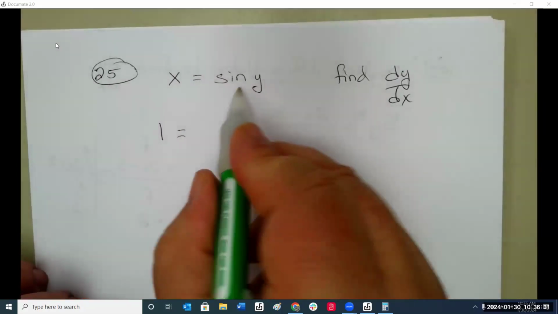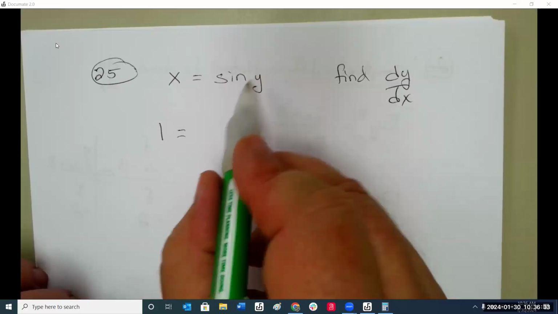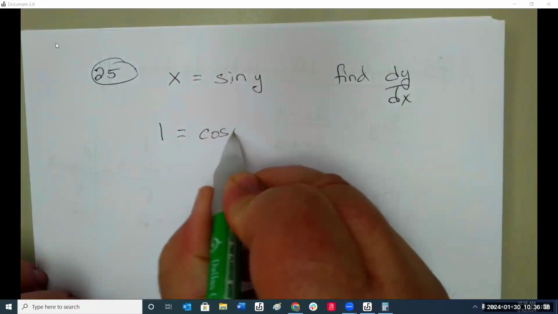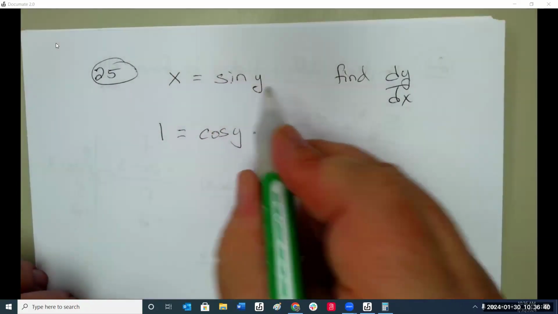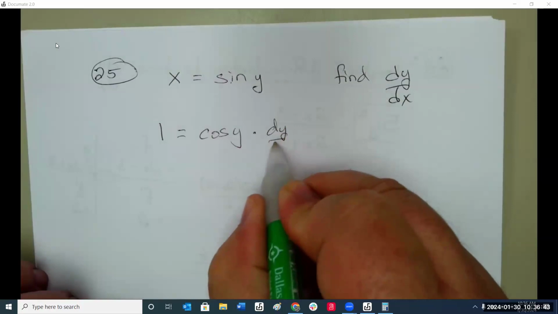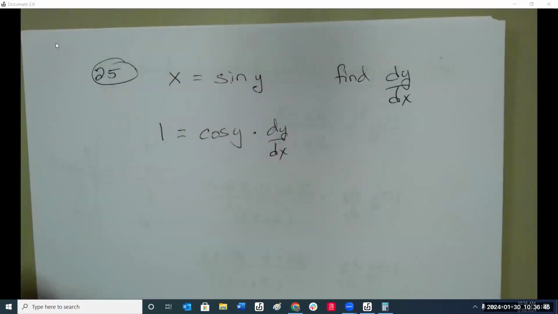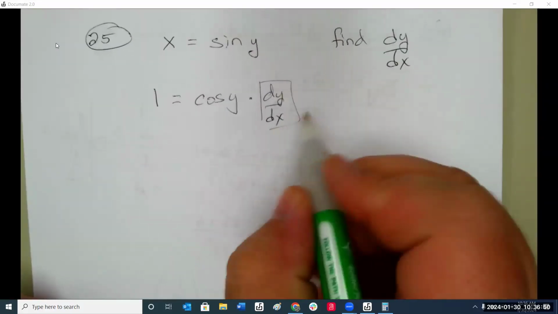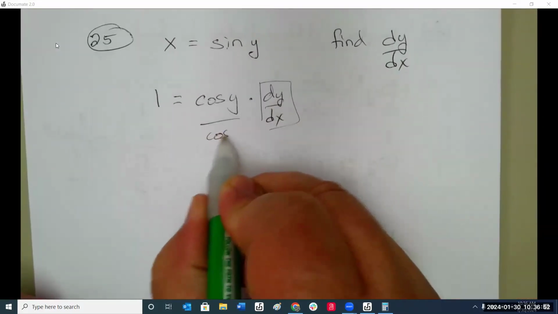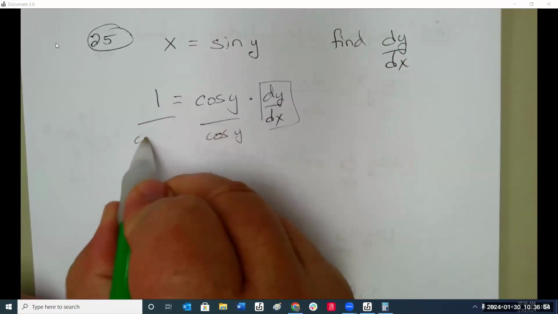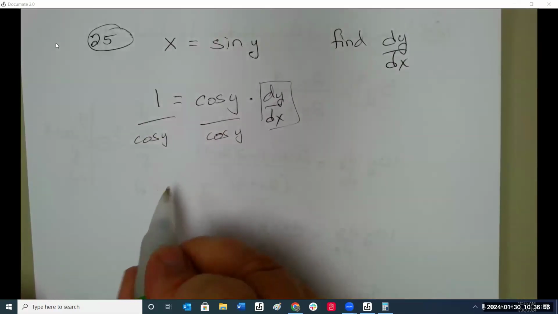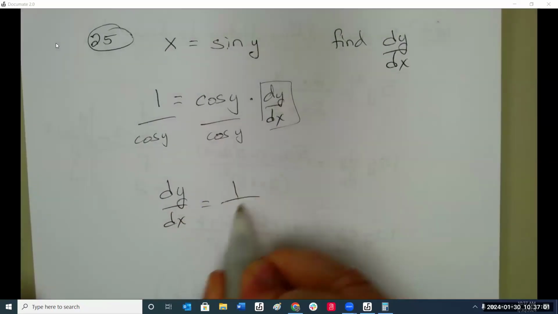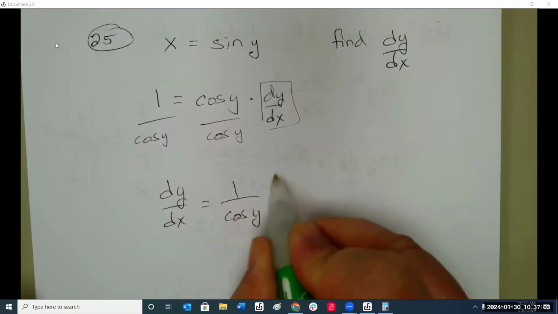Now we use the chain rule. The derivative of sine is cosine: cosine y times y prime, times the derivative of y, which is dy dx. To get dy dx alone, we have to divide both sides by cosine y. So our derivative dy dx is 1 over cosine y.